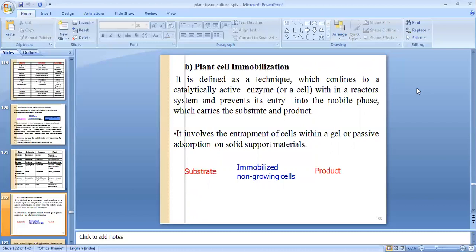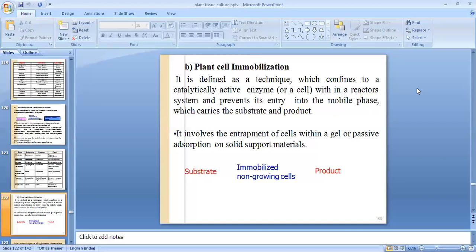Mobile phase is nothing but your liquid medium or the nutrient medium where only the substrate and the product will be present, whereas the enzyme or cell which has to act on that substrate to convert it into product is present in a static manner. So this immobilization involves the entrapment of cells within a gel or a passive adsorption on solid support material.